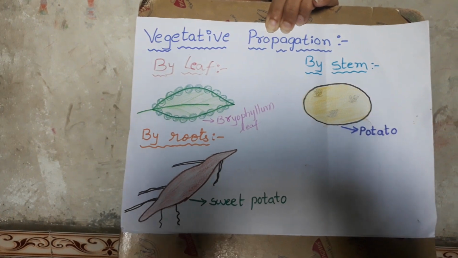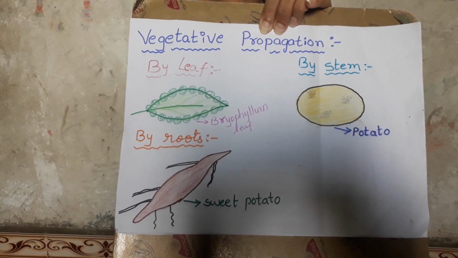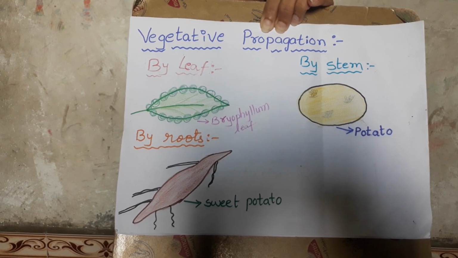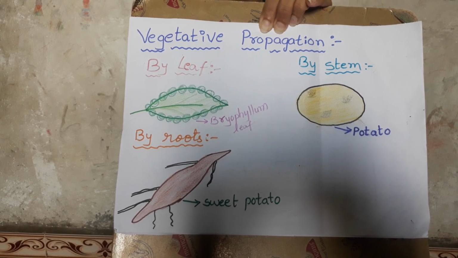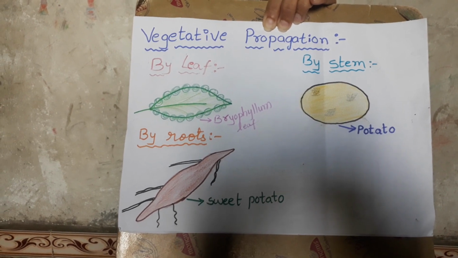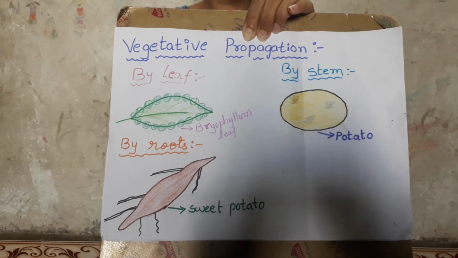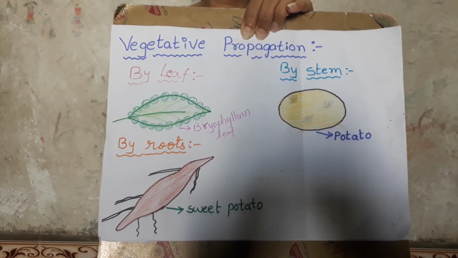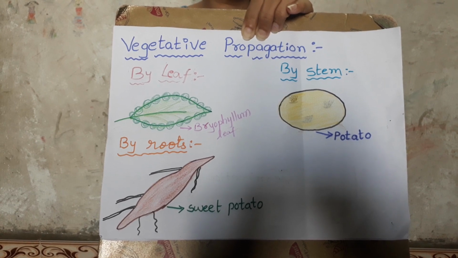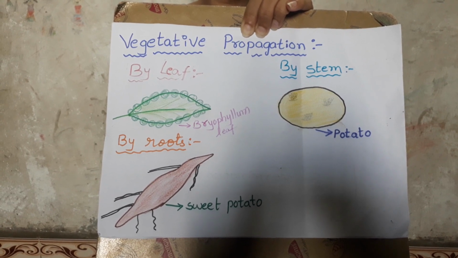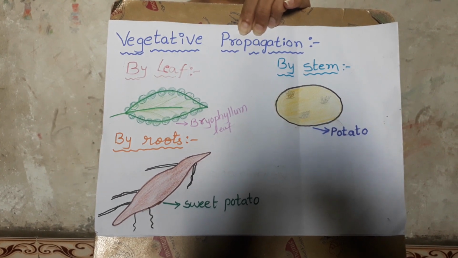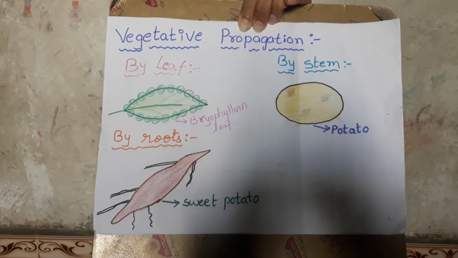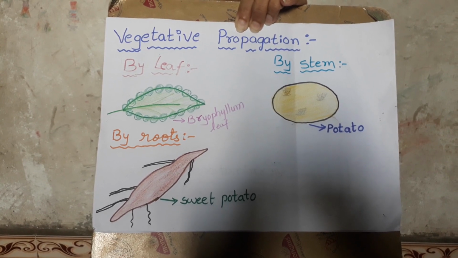That structure we can call a bud, otherwise we can call it an eye. If we cut that portion and sow it in the soil, a new plant will grow out of it. So this is vegetative propagation by stem.